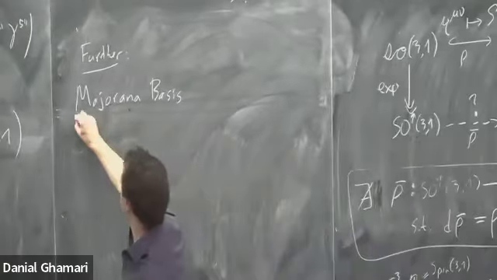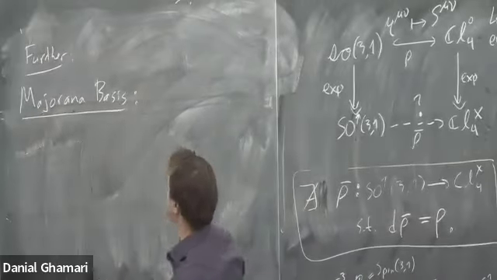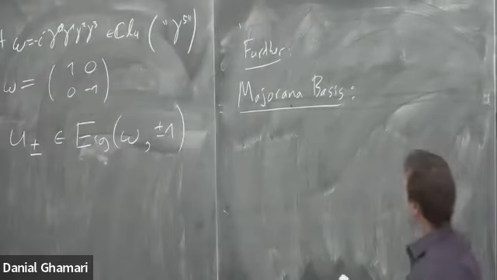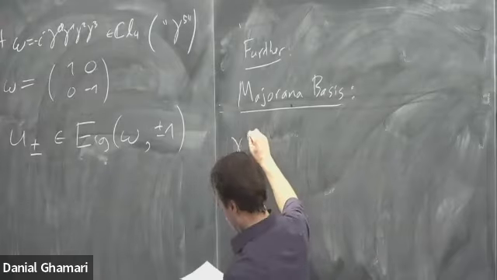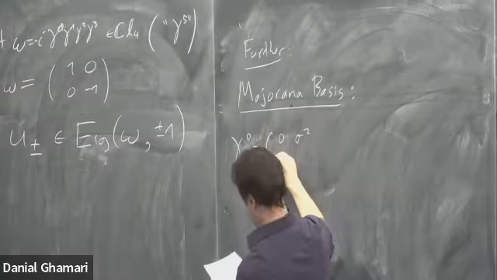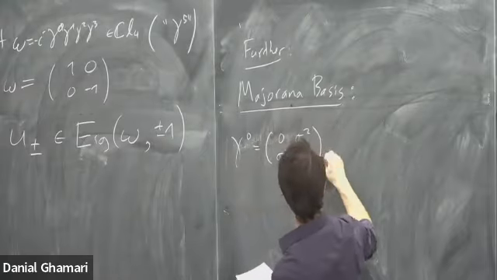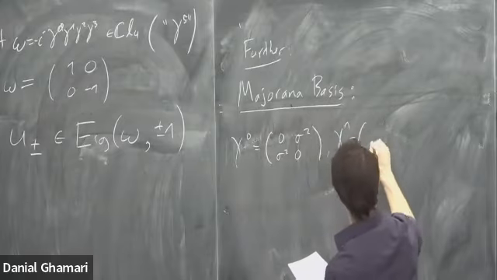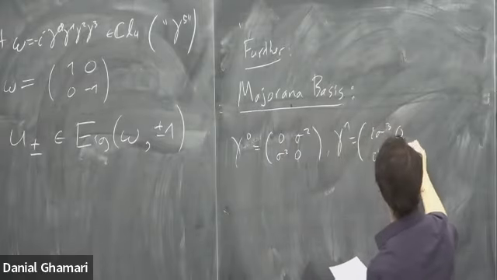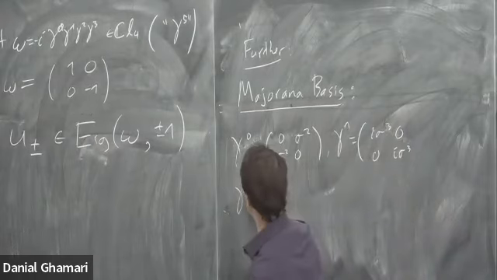And I think they're succeeding, or at least the Microsoft chip is supposed to be a Majorana thing. Anyway, here's what it is. This is just picking a different representation of the Clifford algebra so that it has somewhat different properties. And this particular representation has the effect that all of these matrices are actually imaginary.